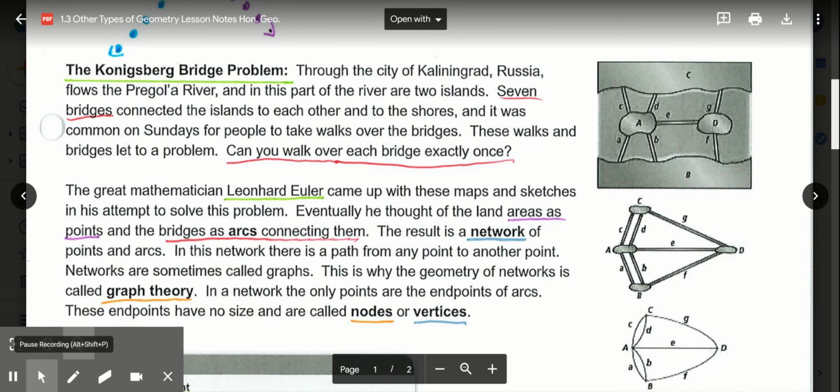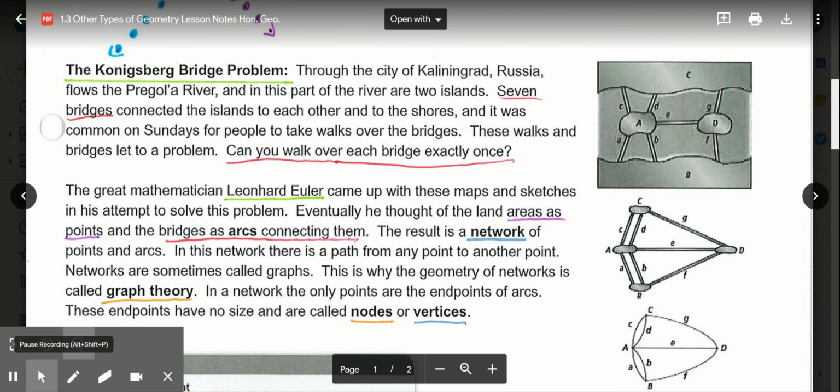So the Königsberg Bridge problem: through the city of Kaliningrad, Russia, flows the Pergola River. And in this part of the river are two islands. There are 7 bridges. So 7 bridges connected the islands to each other and to the shores.